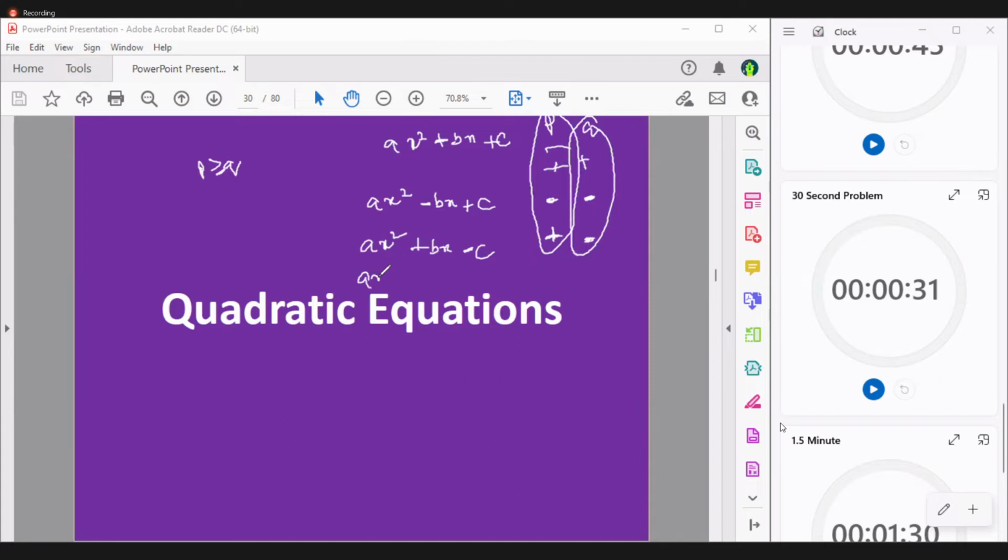Now the other one is when both of them are negative. So this happens when p, the bigger quantitative value, would be negative and q would be positive. Okay, so when the smaller number is positive and the bigger number is negative, this is when this happens. So you can also write it down if you want to.